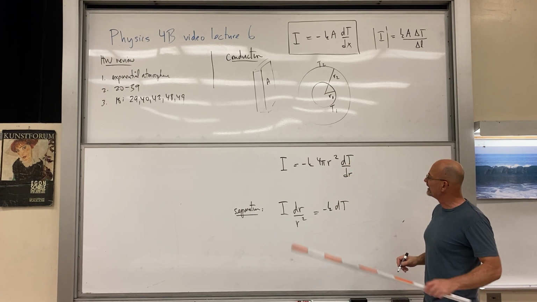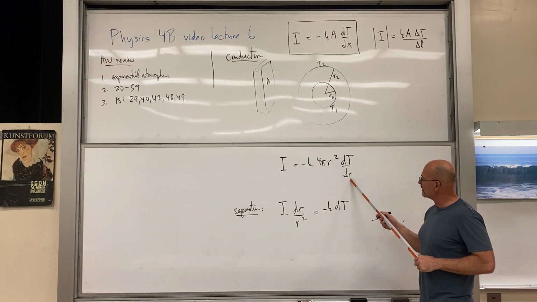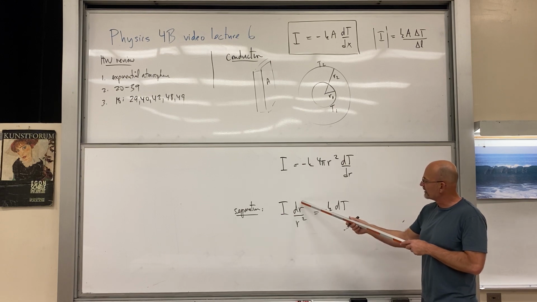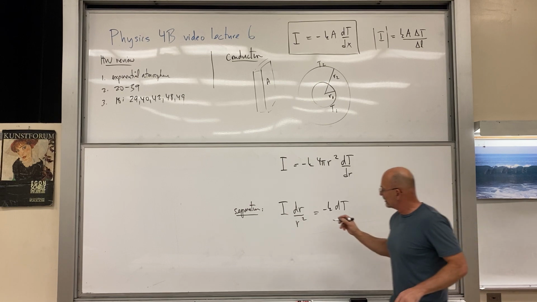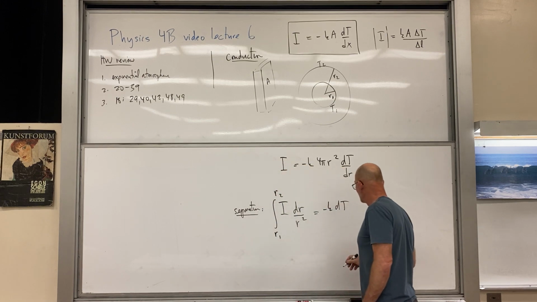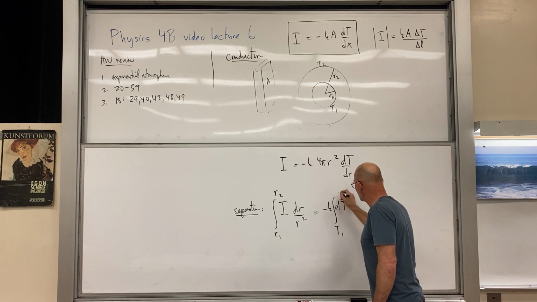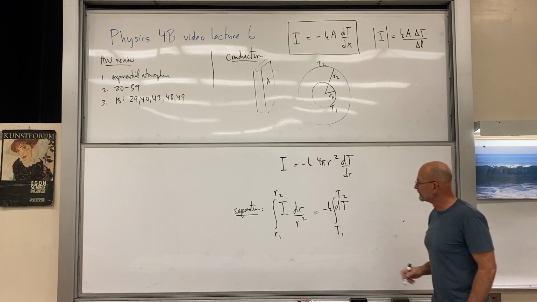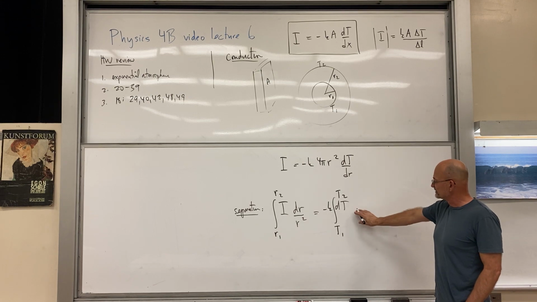So I just treated these algebraically, but this is a differential equation for r essentially. So on the left side, dr over r squared, cross multiply. And what we're going to do is integrate from r1 to r2, and here we're going to integrate from T1 to T2. That's what separation of variables means right here.